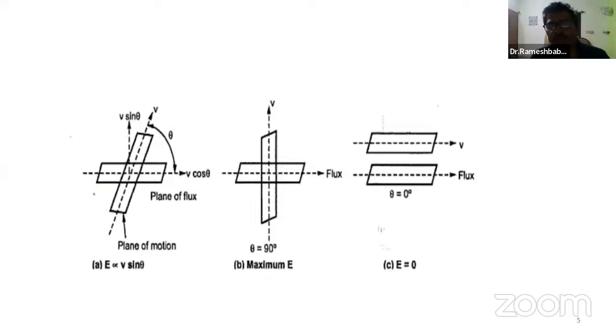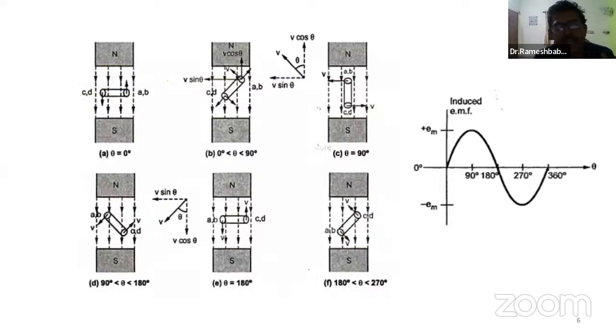Now when the conductor is moving, both are at right angles to each other: the magnetic field and the conductor are at right angles.